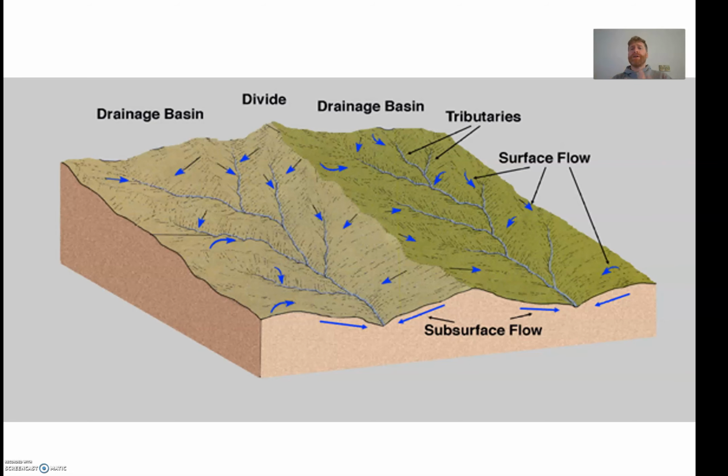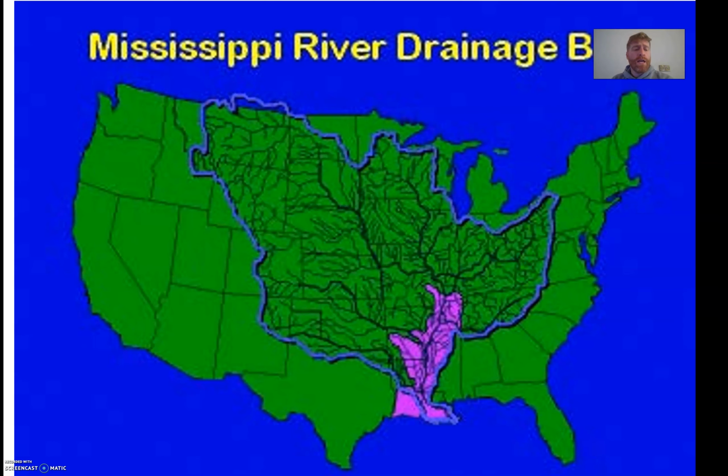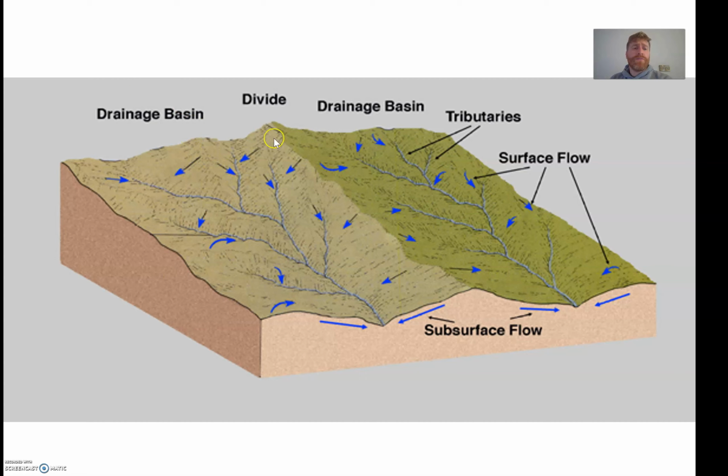I quite like this picture because it shows this quite nicely. This on the left here is drainage basin 1, and this on the right here is drainage basin 2. This area of high land usually separates one drainage basin from another. So any rain droplet or any form of precipitation that falls on this side of the high land will form part of this drainage basin here.